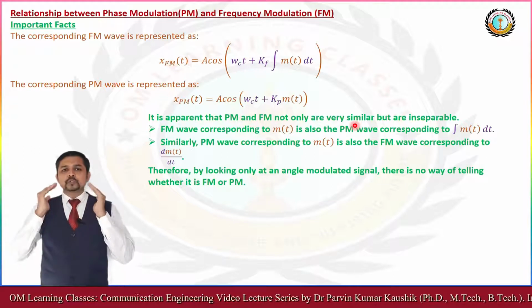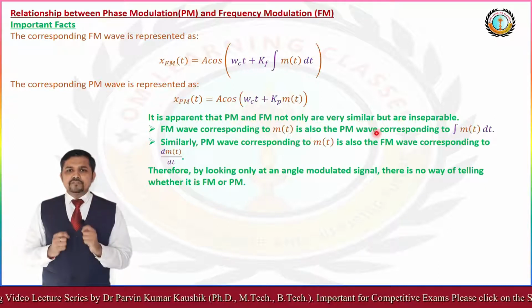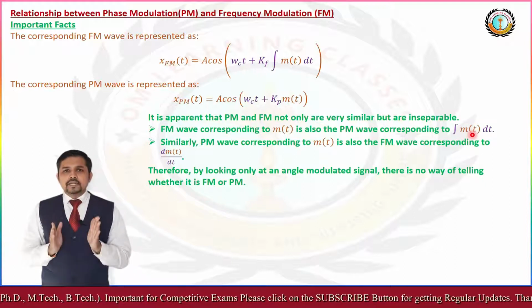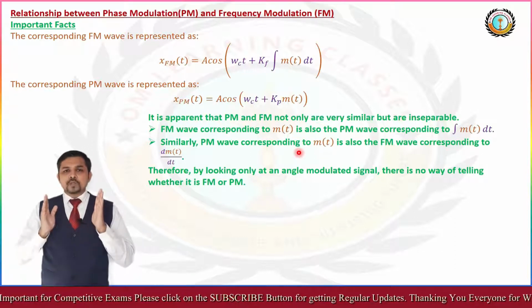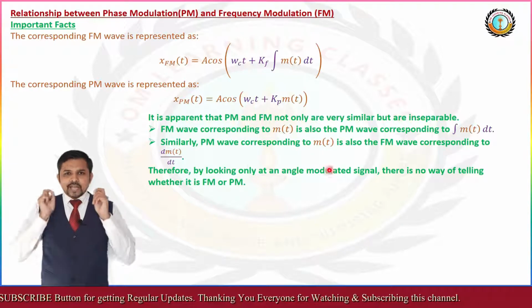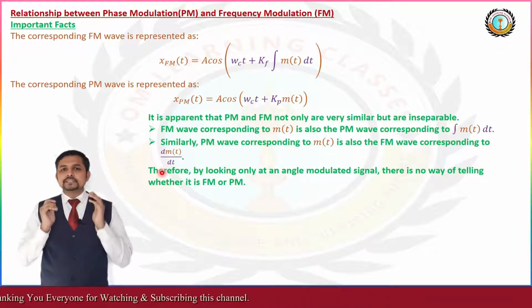The FM wave corresponding to m(t) is also the PM wave corresponding to the integral of m(t). Similarly, the PM wave corresponding to m(t) is also the FM wave corresponding to the derivative of the modulating signal.